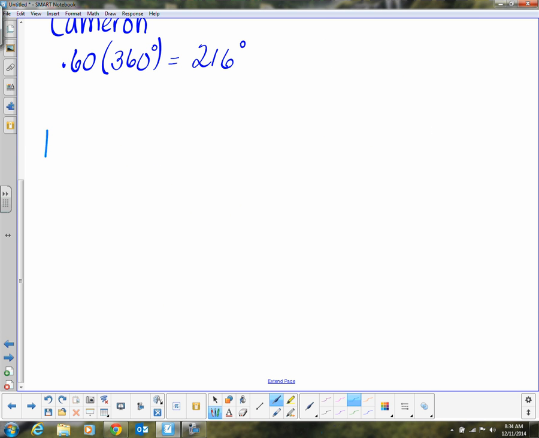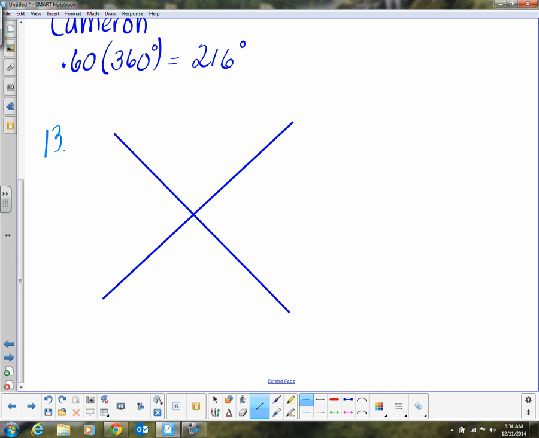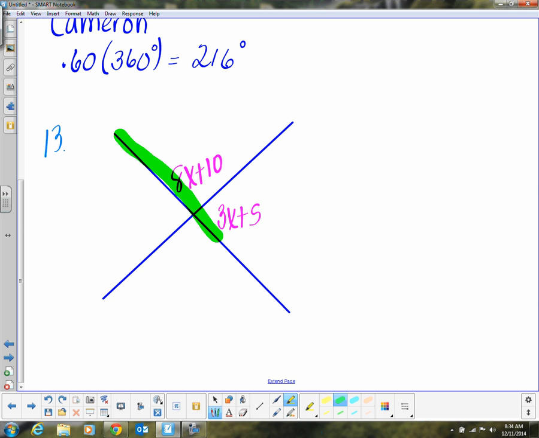All right, now when we get to 13, I thought that this might be a whole lot easier for you all. They told us that AEC is 8x plus 10. They told you that CED is 3x plus 5. What can you tell me about this right here? They're not vertical. Did they tell you bisector?